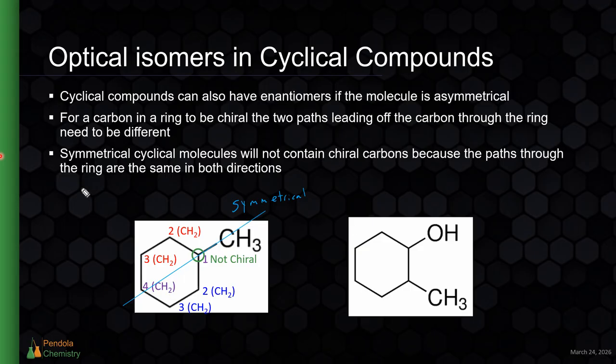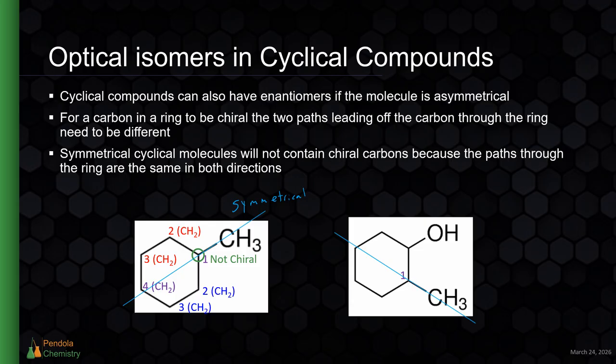Now, if we had a molecule where we have, again, a carbon that is a candidate for being chiral, we can clearly see that this compound is not symmetrical. If, again, we draw a line through that carbon and through the ring, we can see that one side of that ring has an OH and the other one doesn't, meaning that this is not a symmetrical molecule.